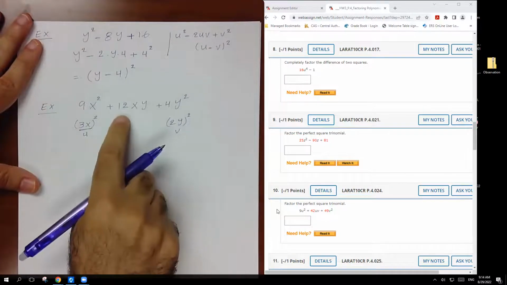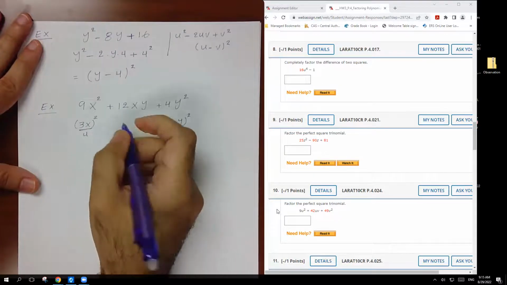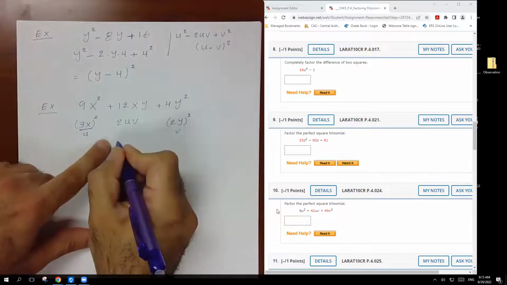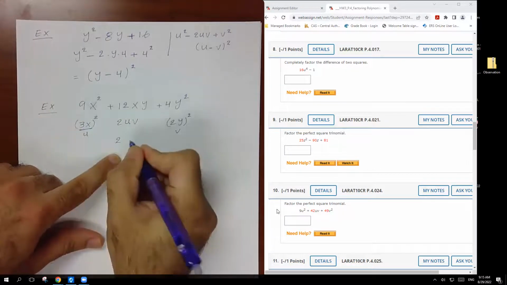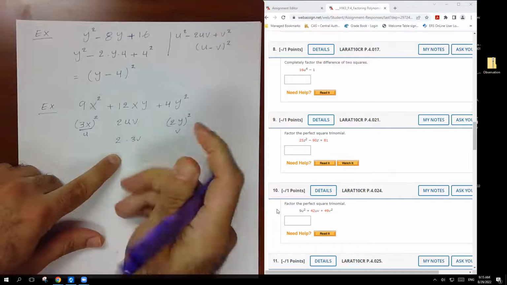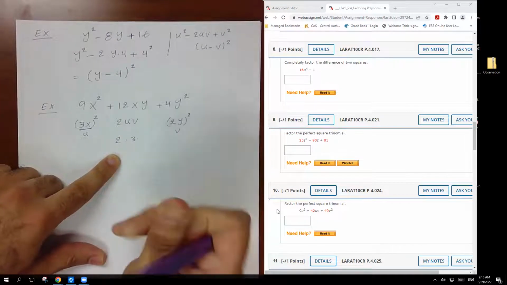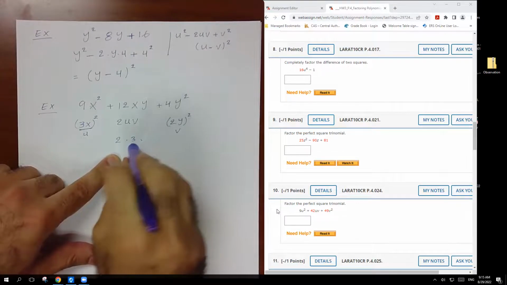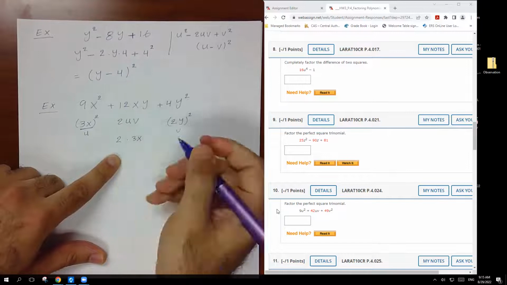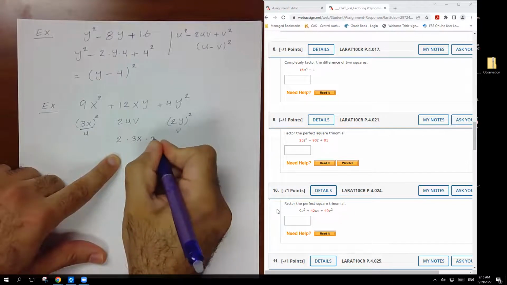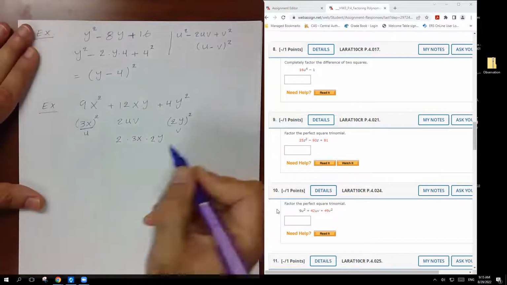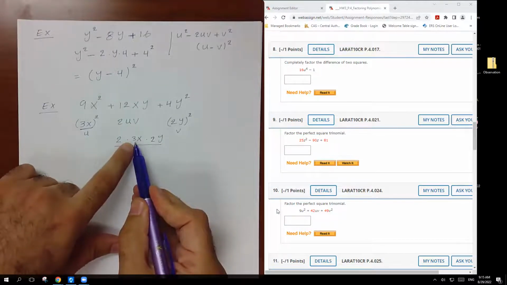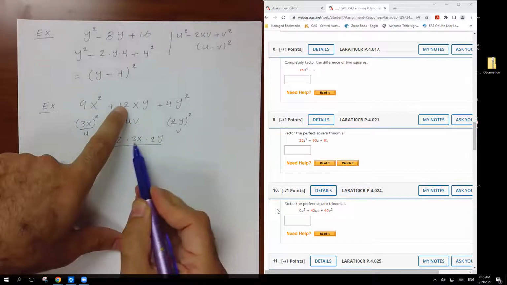Can I write down the middle term as 2uv? Yes, here is the 2. This is the u, and this is the v. So if you multiply these together, 2 times 3 is 6, 6 times 2 is 12xy.